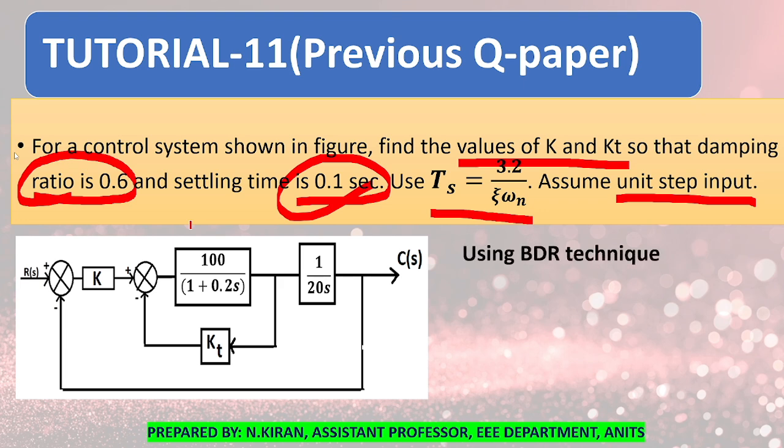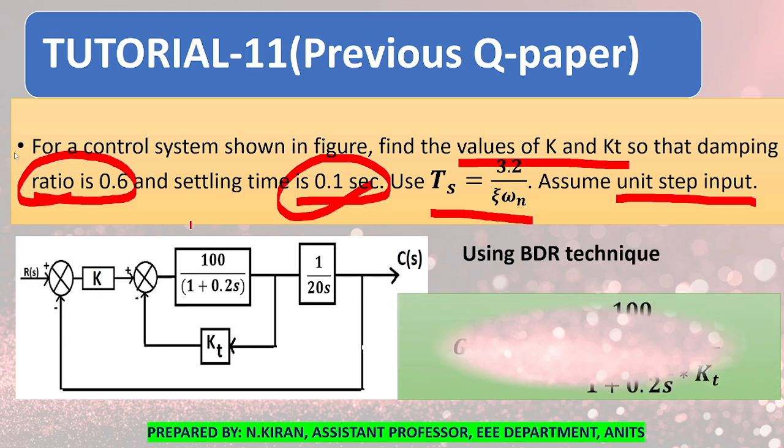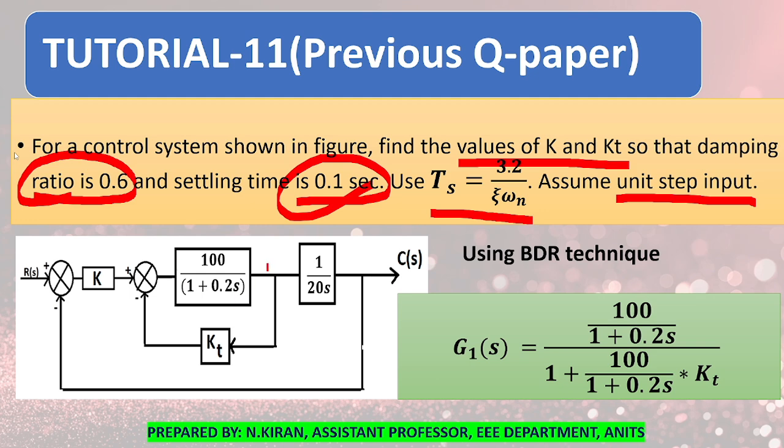We have already discussed the block diagram reduction technique in my previous lecture; you can check it out later. Using block diagram reduction, firstly we eliminate the feedback loop. If this is G and this is H, the formula is G by 1 plus G into H, isn't it?